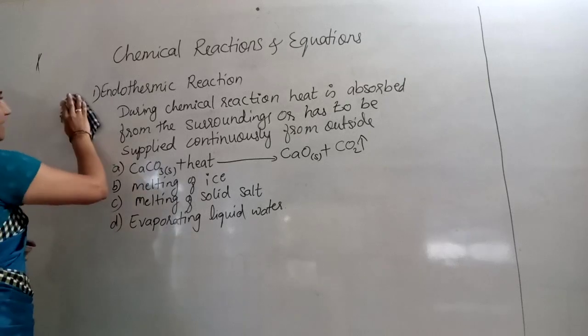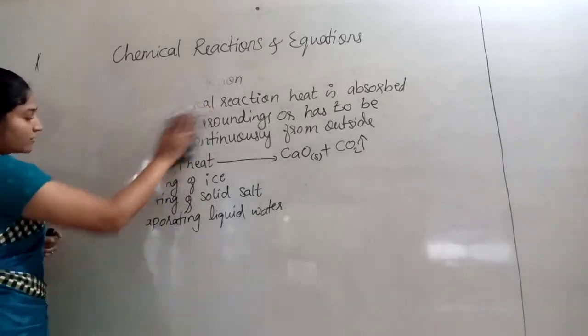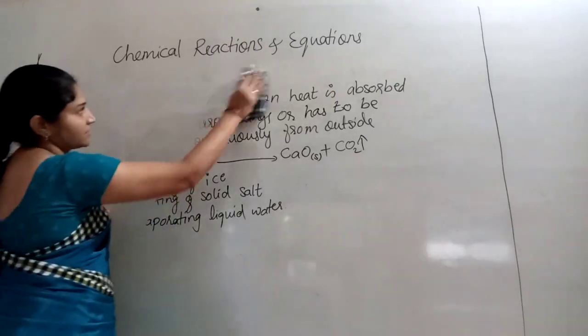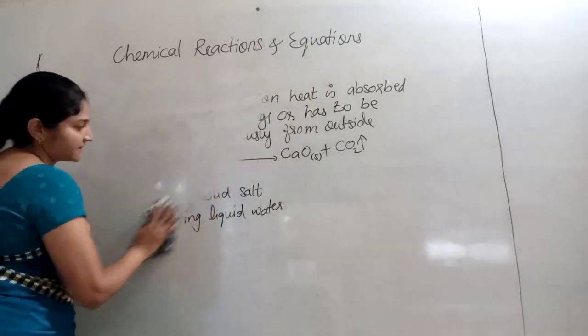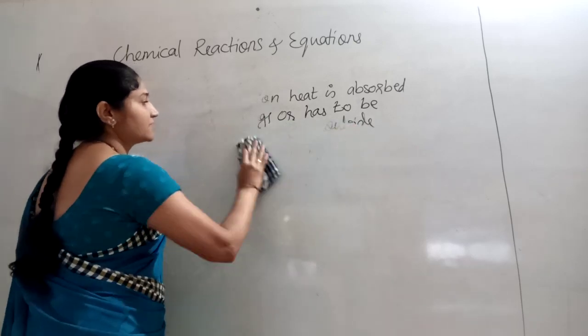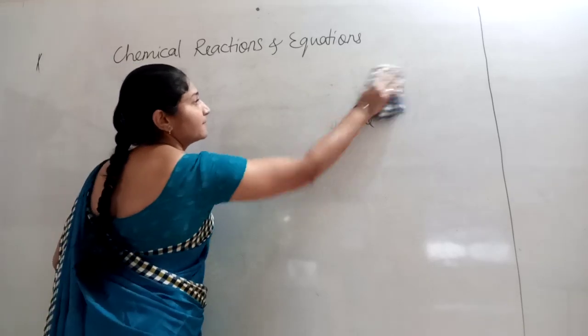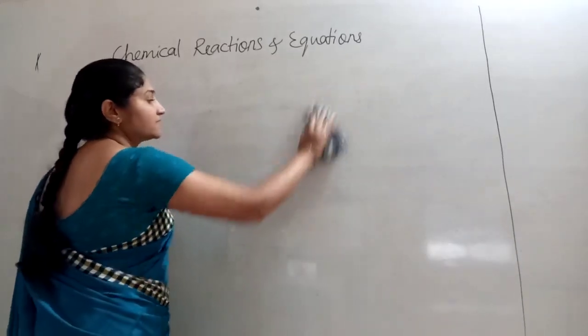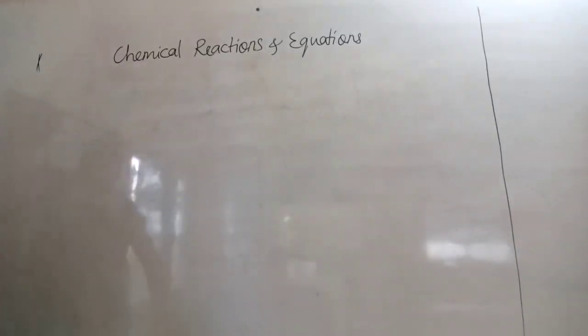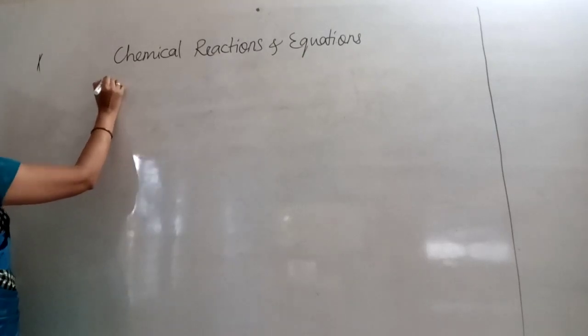These are also another type of chemical reaction, oxidation and reduction. The name itself gives the meaning. Oxidation means oxygen is added to the substance, whereas if hydrogen or oxygen is removed, then we discuss that as a reduction reaction.